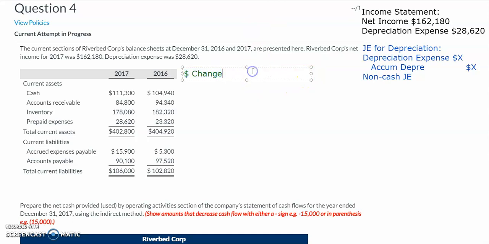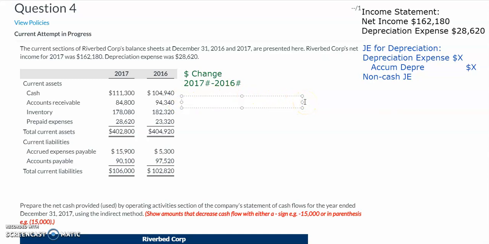And this dollar change in our problem, we're going to compute this by taking 2017 numbers minus the 2016 numbers. All right. So for cash, you can include that dollar difference, but you don't have to. But we're mostly going to focus on the line items that are going to be affected by our operating expenses.